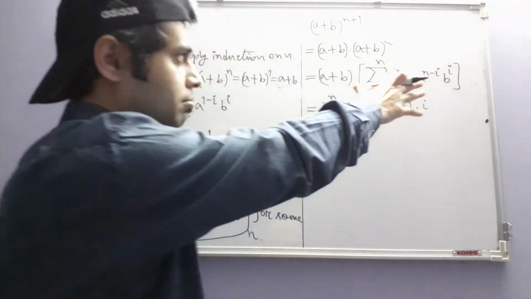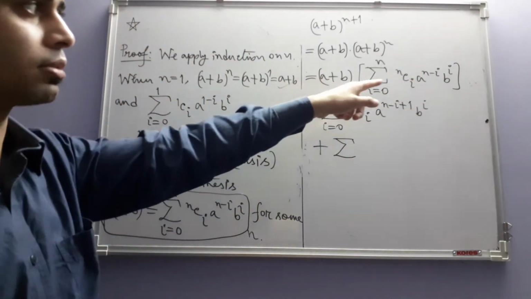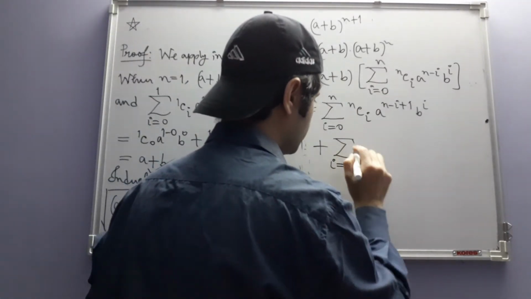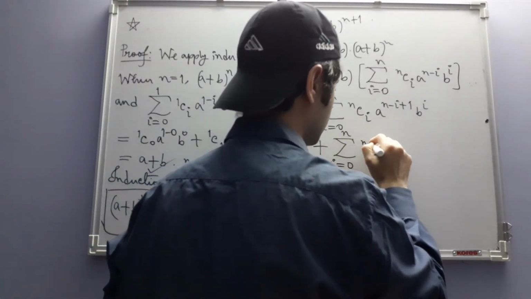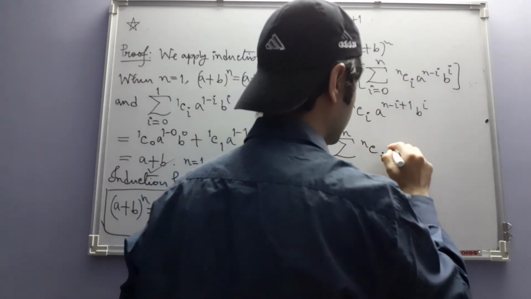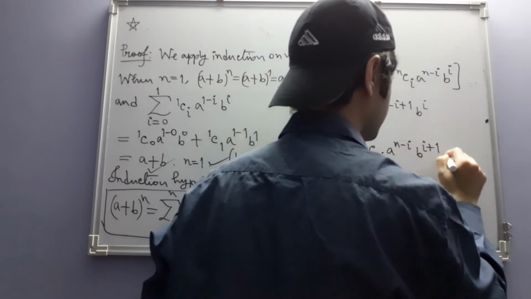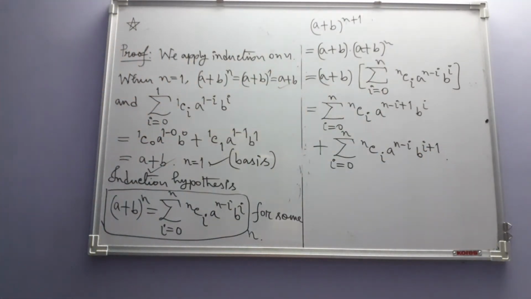Now I am multiplying the sum by b. So the exponent of b will increase by 1. i equal to 0 to n nCi a to the power n minus i times b to the power i plus 1. Okay, so I get this sum of two sums.